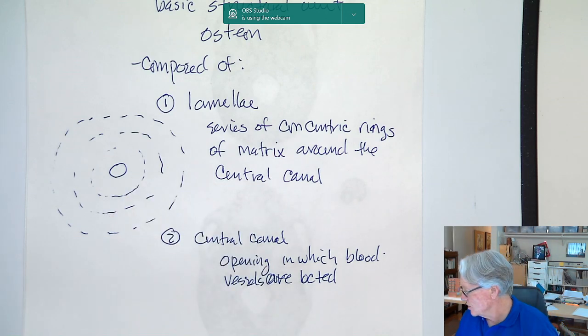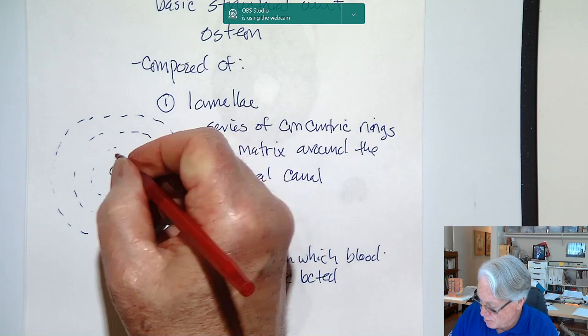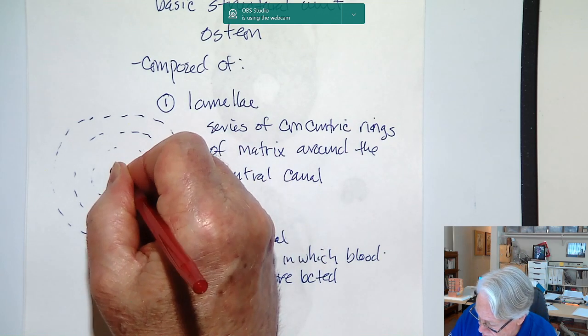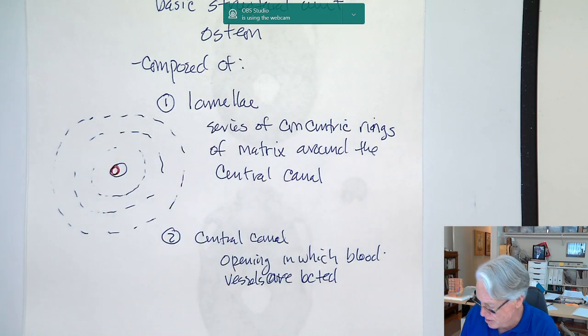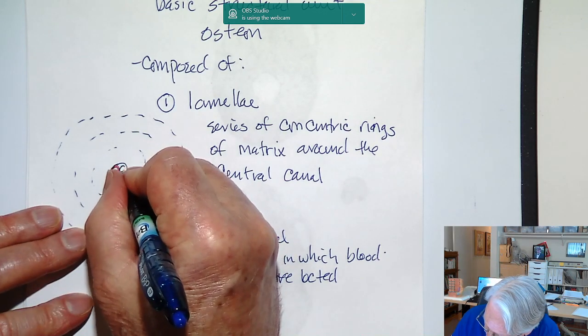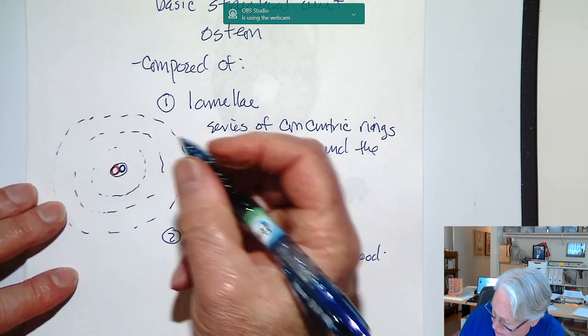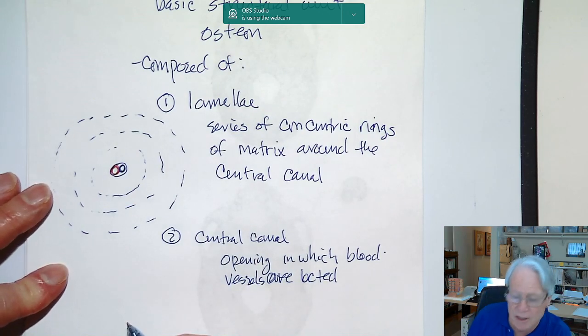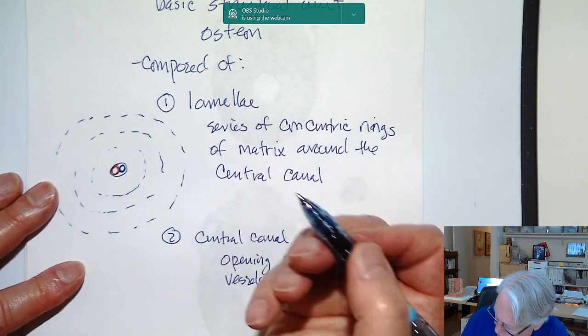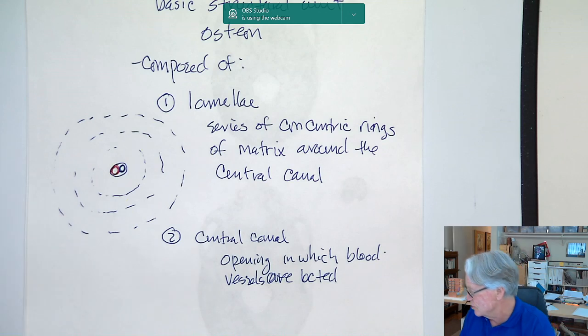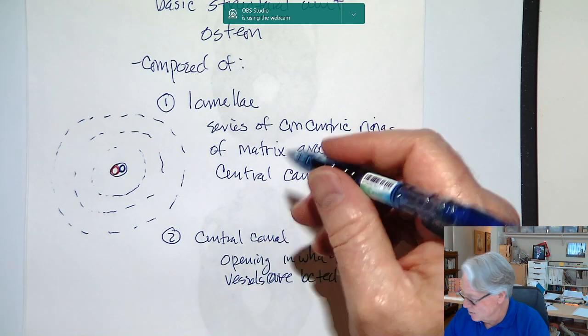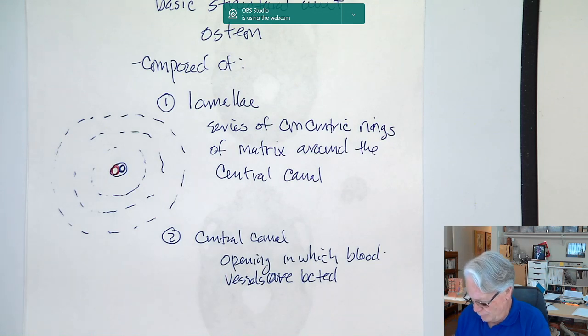So that's going to be my central canal, and so let's go ahead and put in a blood vessel here. There's my artery, and let's put in a vein. So that's my central canal. That's blue too.